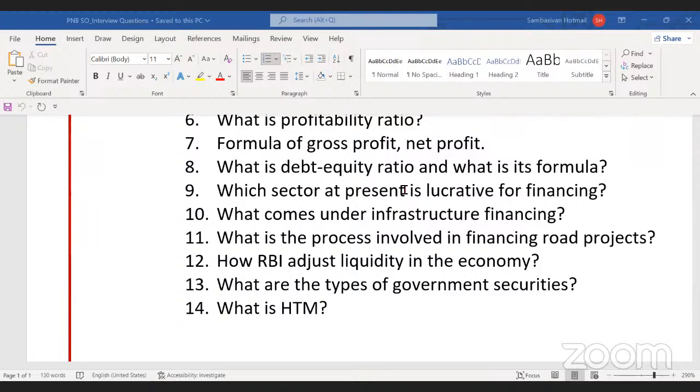The valuation criteria as specified for HTM, AFS, and HFT would apply. What is HTM?